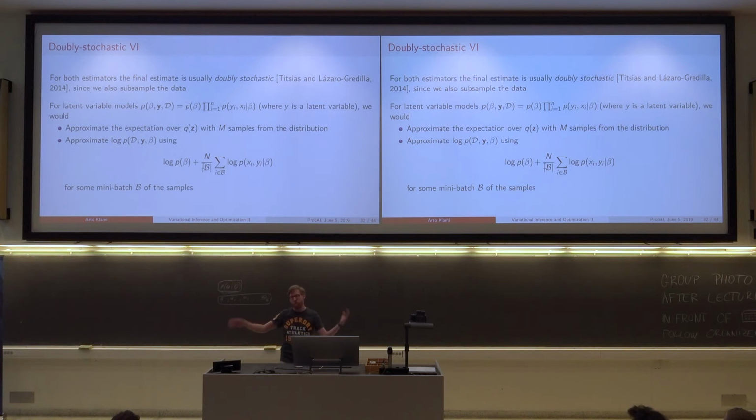It would be somewhat weird that if you have, let's say, 1 million data points, you take a mini batch of 1,000, use that to approximate what your log of p is, but then you would suddenly use a huge amount of computing power to be very accurate in taking the expectation over q. You're taking an expectation of a slightly different function anyway, so no need to bother computing the expectation exactly. So this is a general procedure for obtaining the gradient.